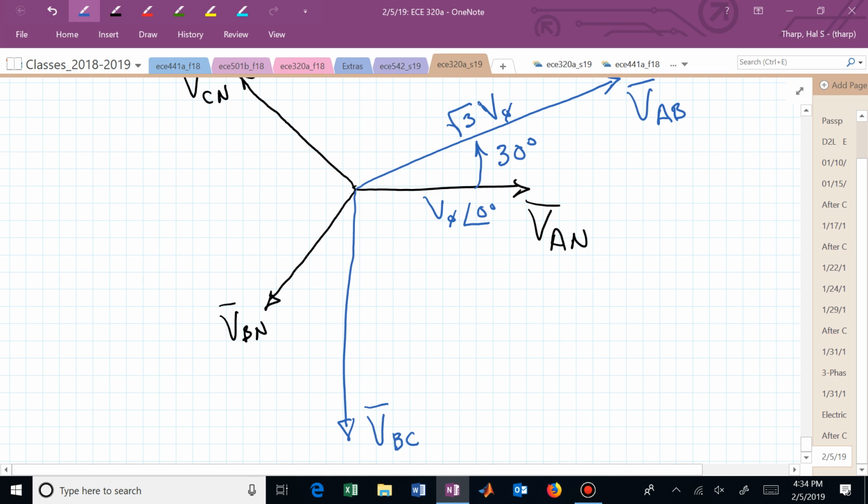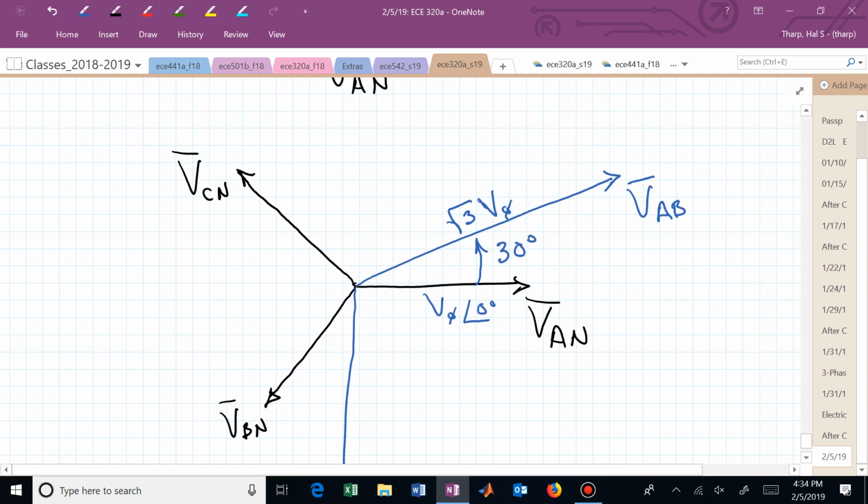That's straight down because that's now at minus 90 if V sub AB is plus 30 and they're 120 degrees apart. And V sub CA is 120 degrees counterclockwise from V sub AB, so it's 30 degrees beyond V sub CN. It's now at 150 degrees, but this is now V sub CA.